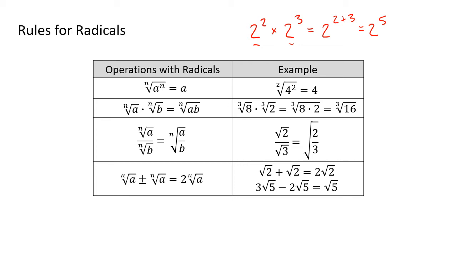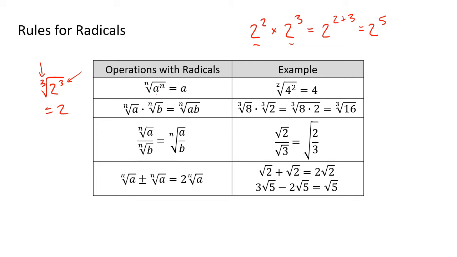So our first operation: if you have a to the exponent n, and the root of it is the same order of root, that's just a. In other words, if you had the third order root of 2 to the exponent 3, where the exponent and the order of the root are the same, that's just equal to 2. You're going to see why when I talk about fractional exponents.